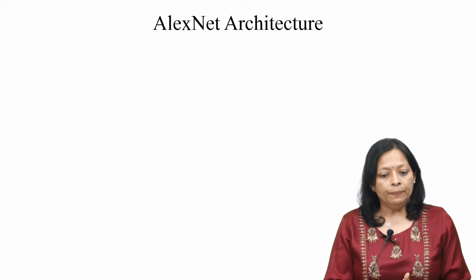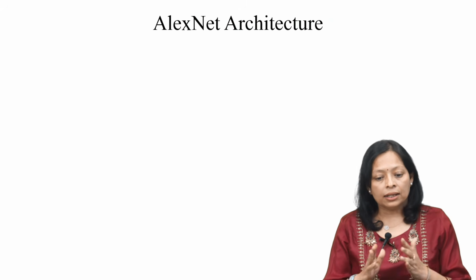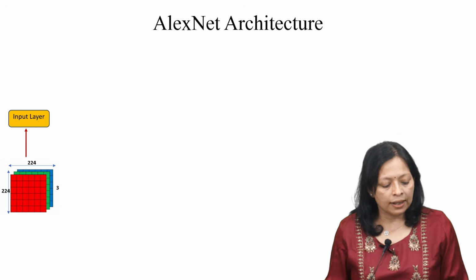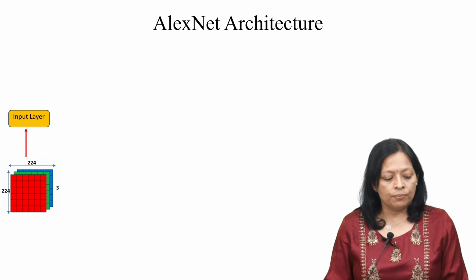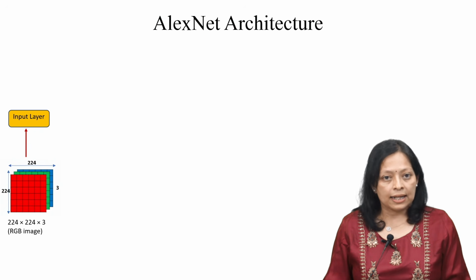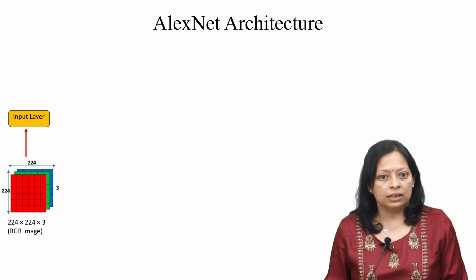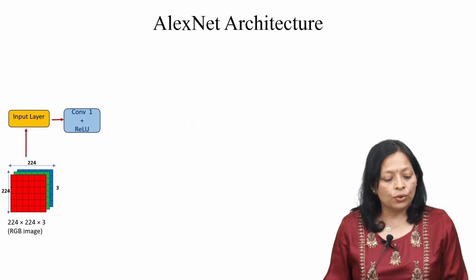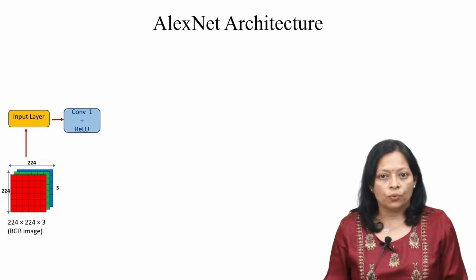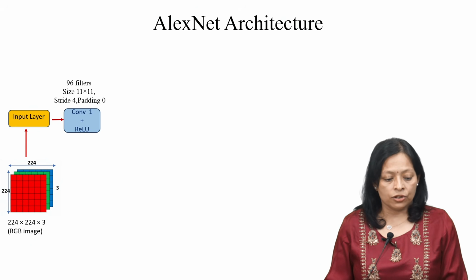Now, we will see how the entire AlexNet architecture looks. We have the input layer where we put the input image of 224 cross 224 cross 3. It is an RGB image, so we have 3 channels. This goes to the first convolution layer, conv1, which also has the ReLU activation function.